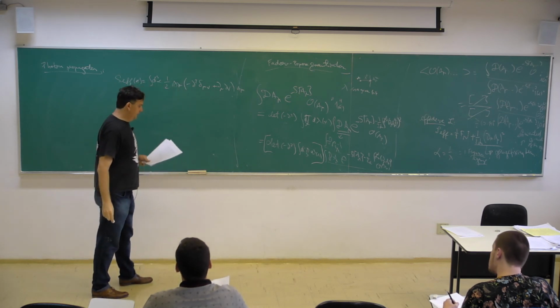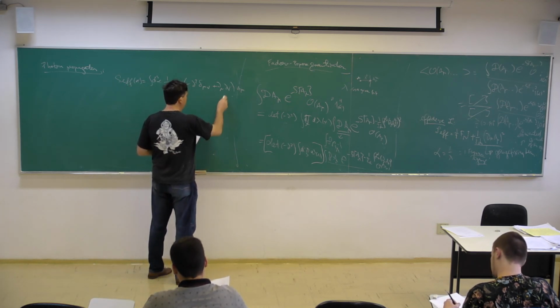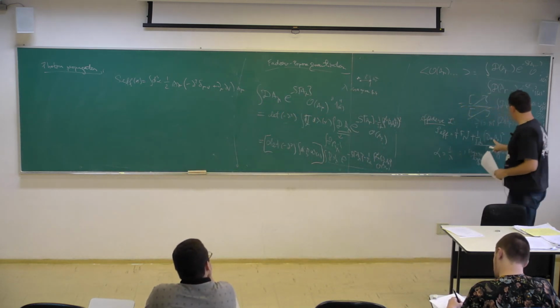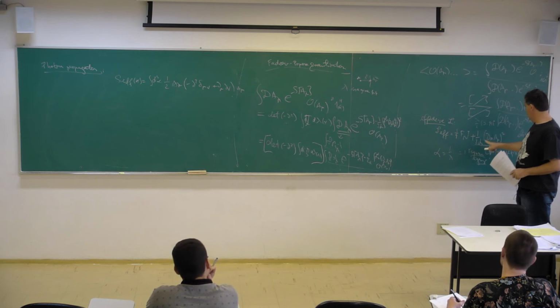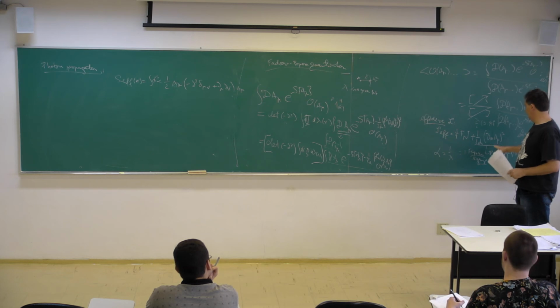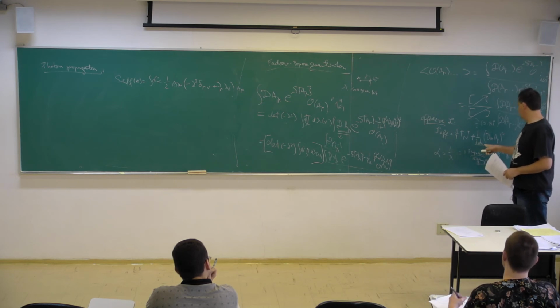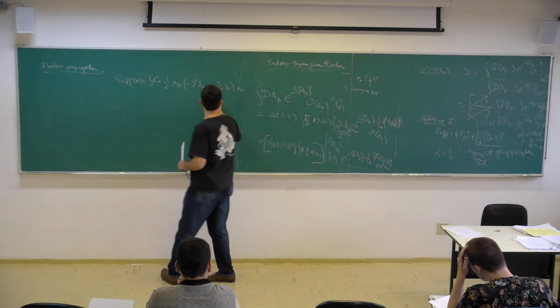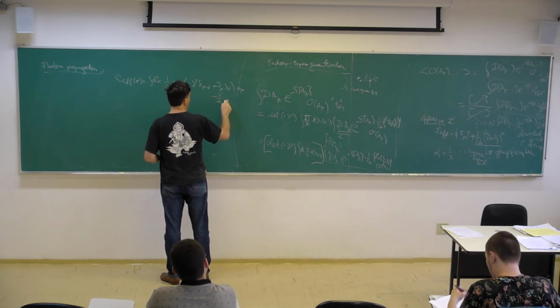This was what we had before, but now I get this extra term, and from partially integrating we get minus d_mu squared, 1 over alpha.